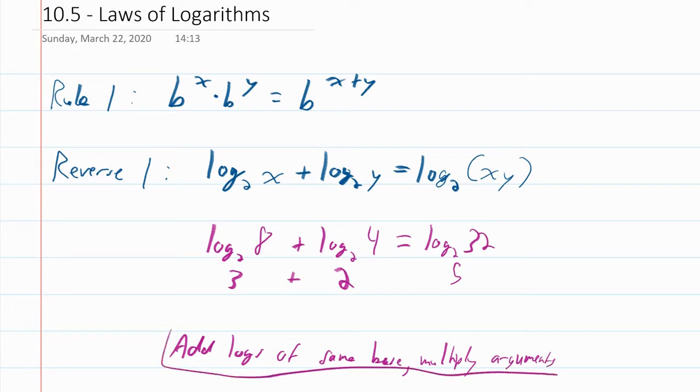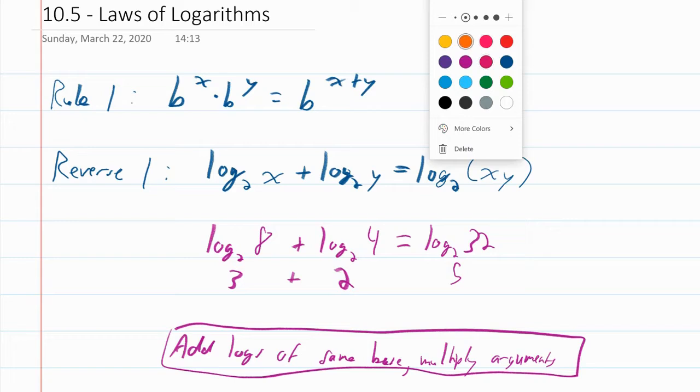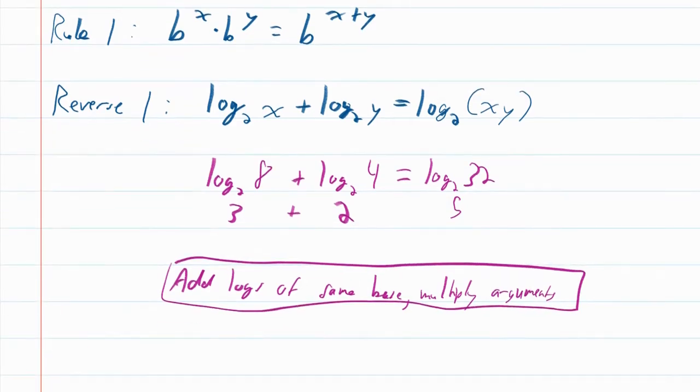So this is the first of 3 major laws of logs that we're getting to. There's a way that this should actually make sense to you, because this is going to be tricky math for a little bit until you get at the nitty-gritty of what it's really saying. This is basically saying the log base 2 of 2 times 2 times 2, plus the log base 2 of 2 times 2.